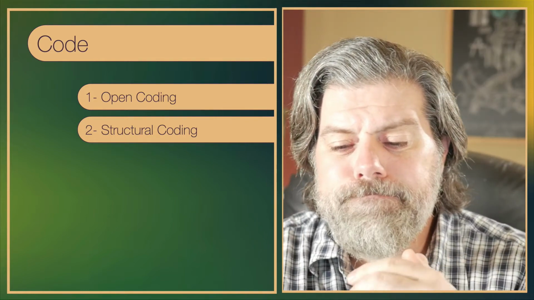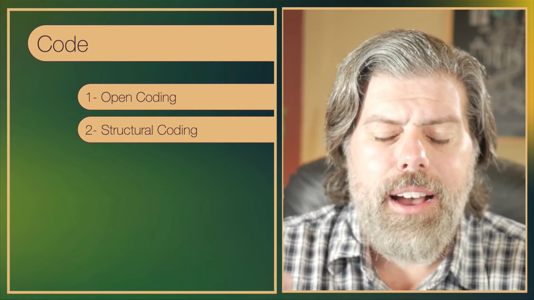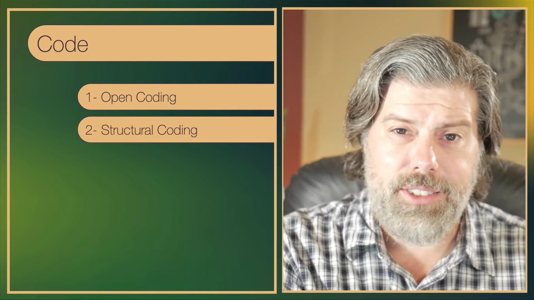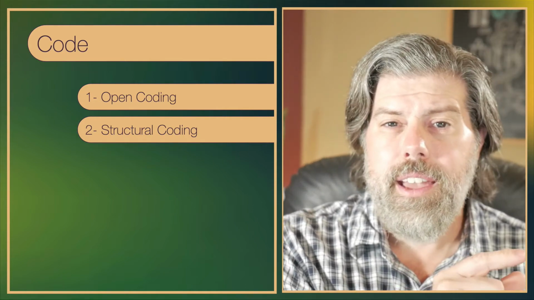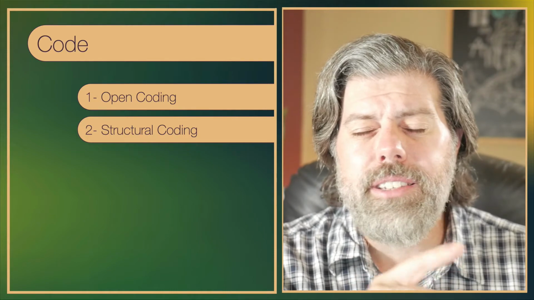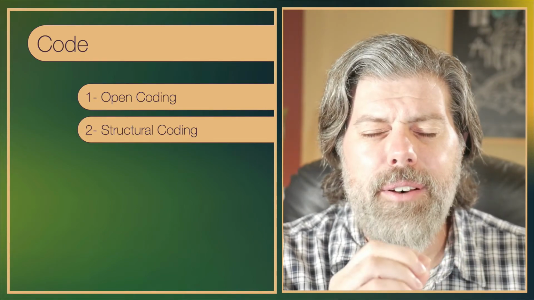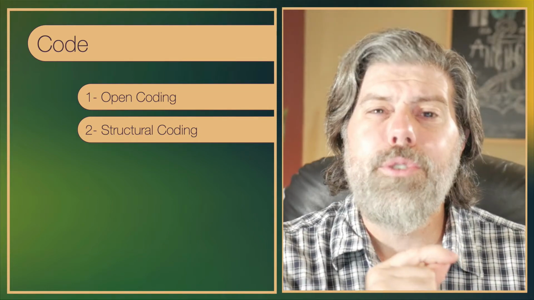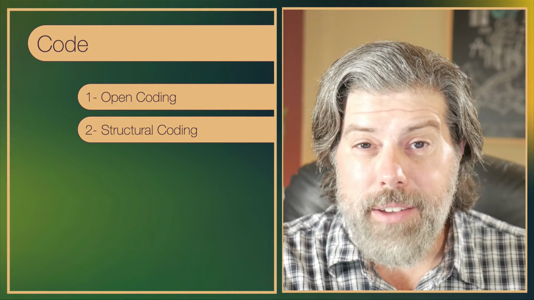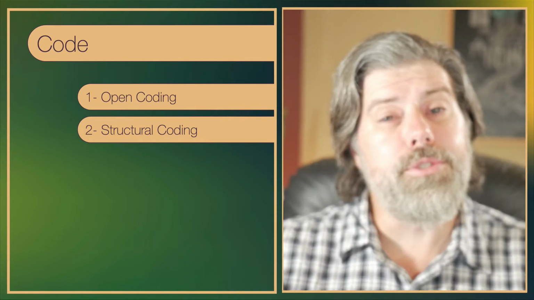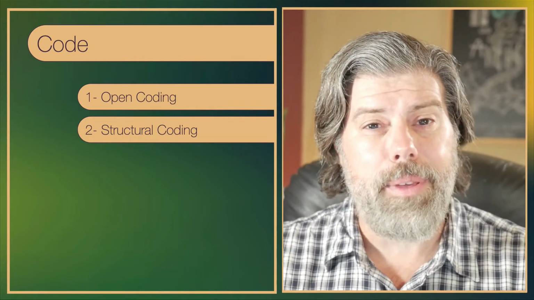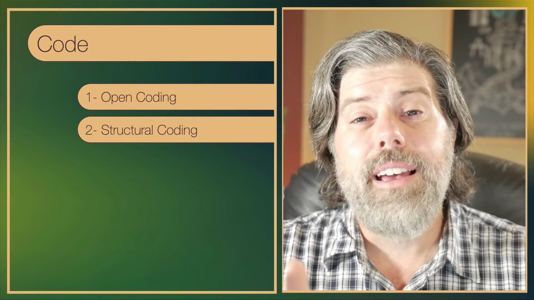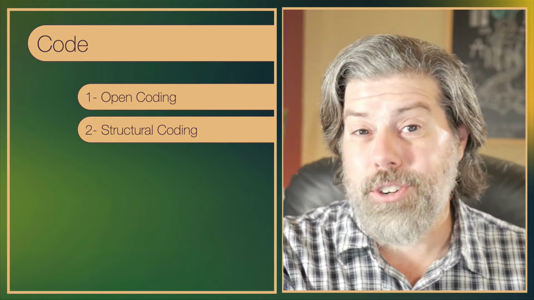It is this process where you read the first sentence of the interview. You try to identify the places in that first sentence that you think are important. You give that a label, you give that a code, and then you move on to the second sentence or the second piece, and you try to decide what is important right there and compare it against your first code.